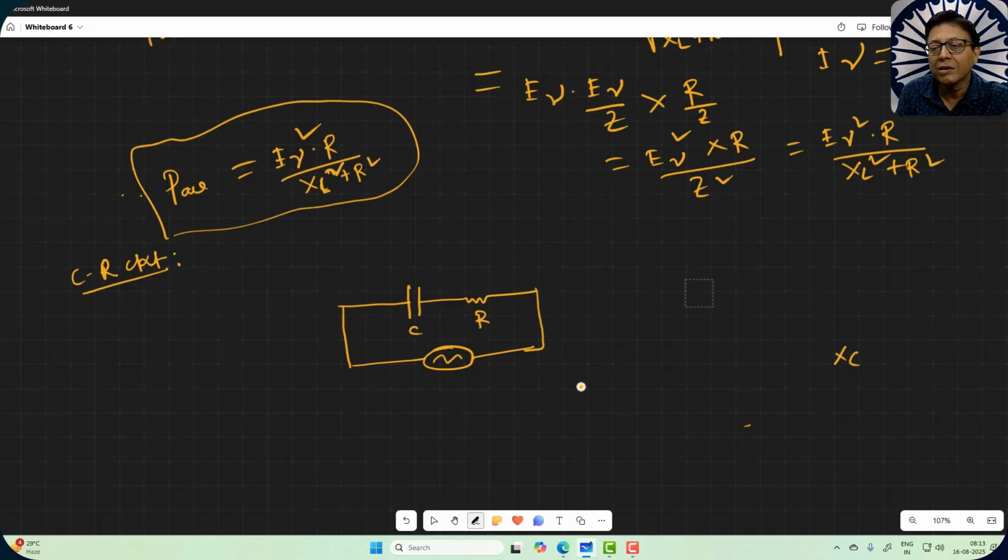So we are drawing a wrong diagram over there. You better take this way. This is R, this is XC. In this triangle, as it lags, you need not put the arrow.